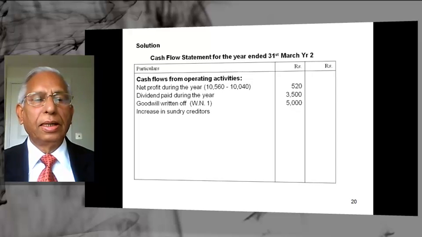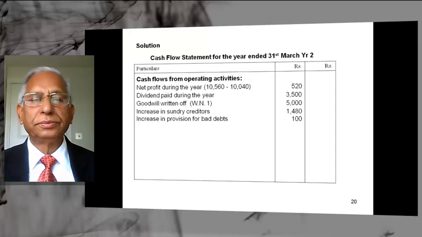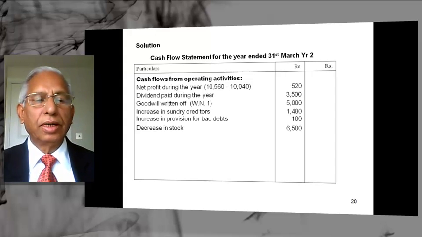Increase in sundry creditors 1,480. Increase in provisions for bad debts, 100 rupees. Decrease in stock, 6,500. These are all adjustment items.